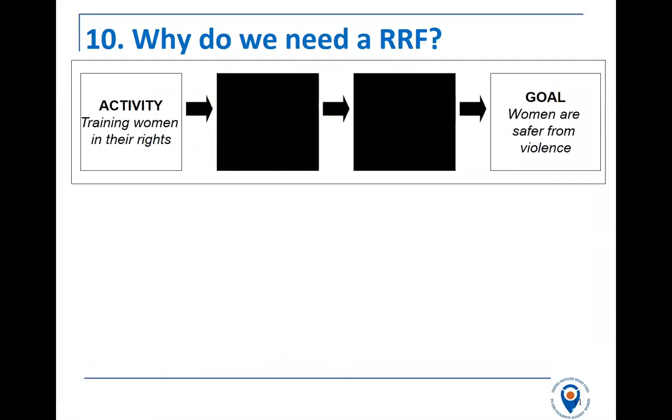Results and resources frameworks are very, very useful for planning, monitoring, and evaluation, but also for learning. And we don't want you to be afraid of things going wrong. It's important to understand if a project is successful and if it's a failure, if things go wrong and why.